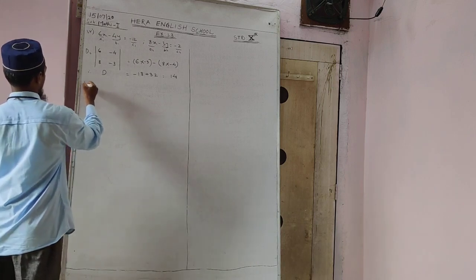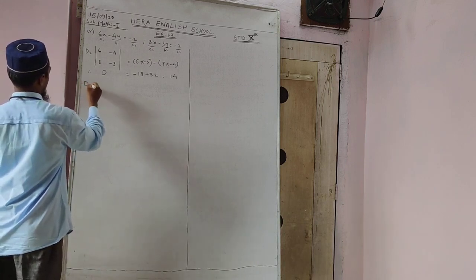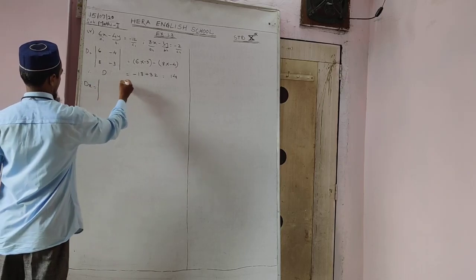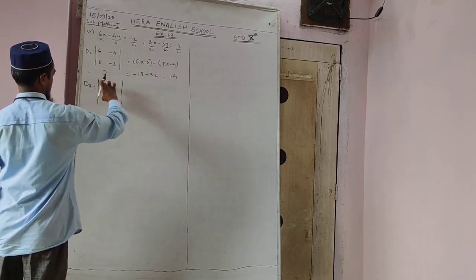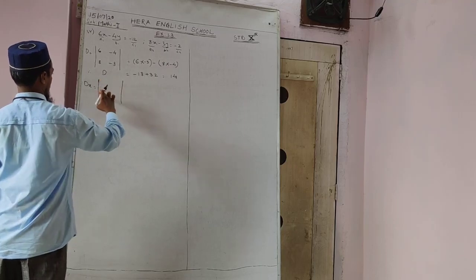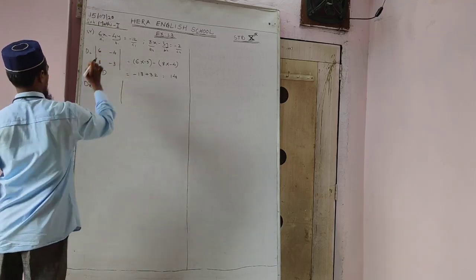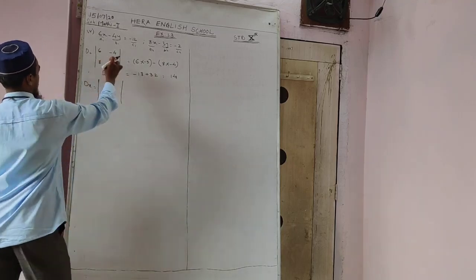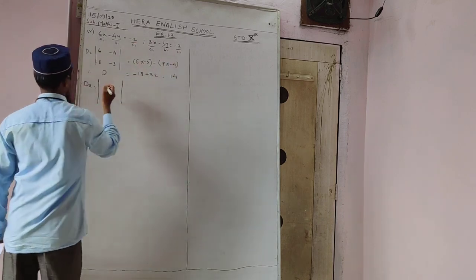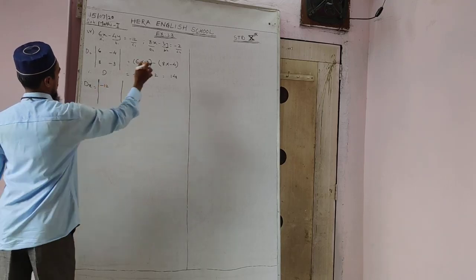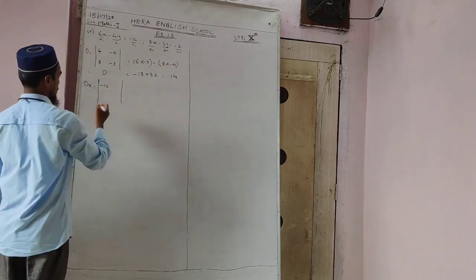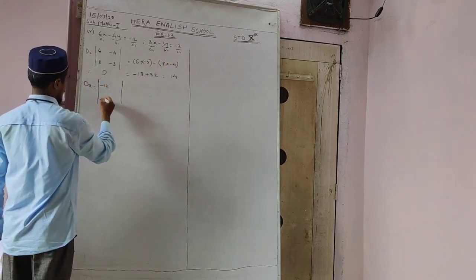Next we have to find Dx. To get Dx we will not take the x column, meaning a1 and a2, 6 and 8, will not be taken. In place of these we keep c1 and c2: c1 is minus 12 and c2 is minus 2.